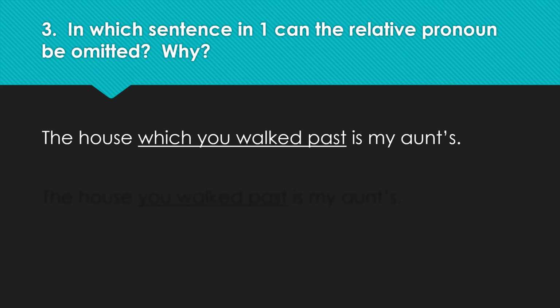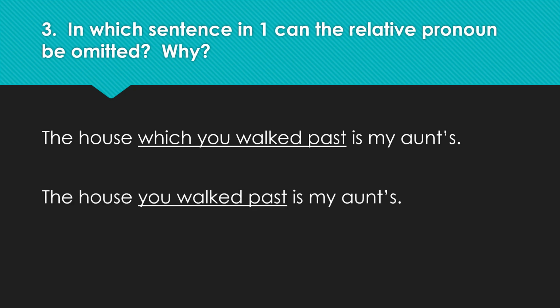Notice we have this relative pronoun which, and this is a defining relative clause. It tells us which house, exactly which house we're talking about. In a defining relative clause, when your relative pronoun, in this case it's which, is the object of the relative clause, then you can leave it out. Okay? So we can just say, the house you walked past is my aunt's.